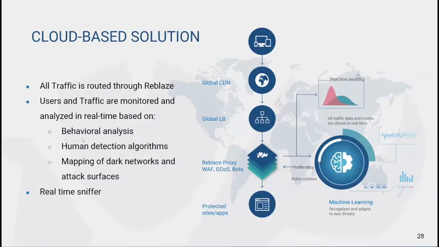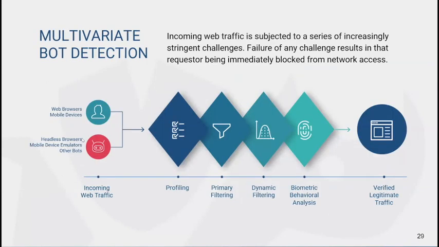Generally speaking, traffic is routed all the time through Reblaze reverse proxies, and users and traffic are monitored and analyzed in real time based on behavior analysis, human detection algorithms, and mapping of dark networks. For example, we can identify in real time if the user is behind a proxy or behind Tor, the onion router, and all that we can see in real time with the real-time management console.